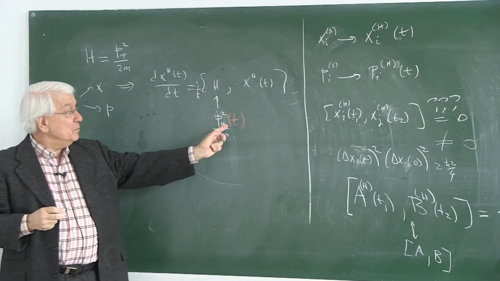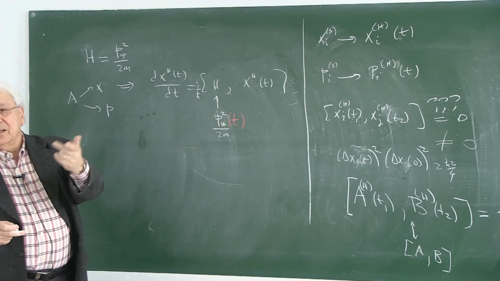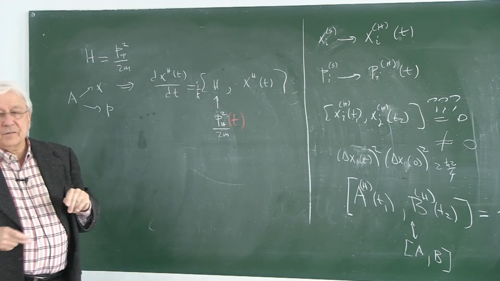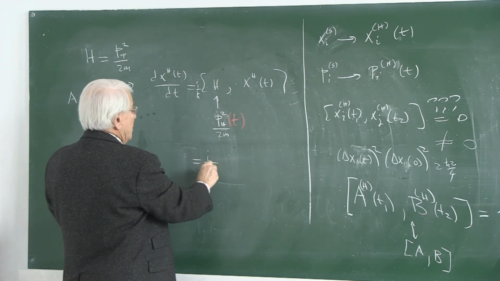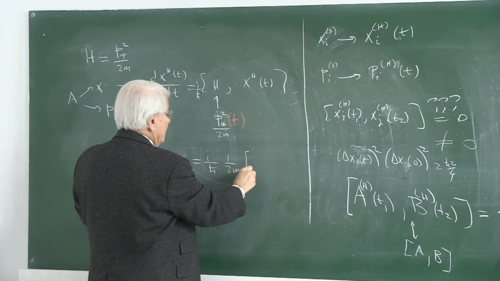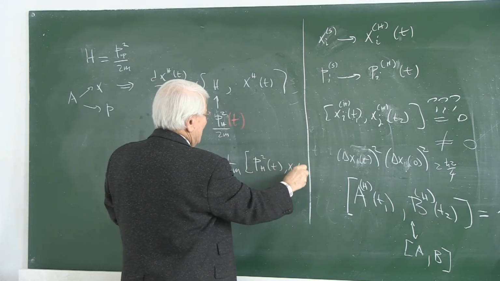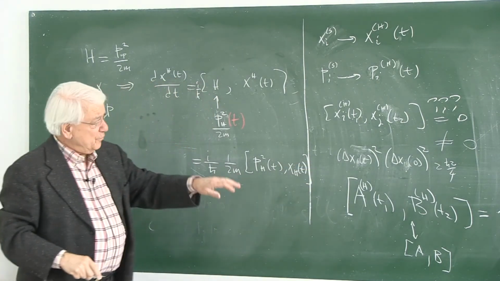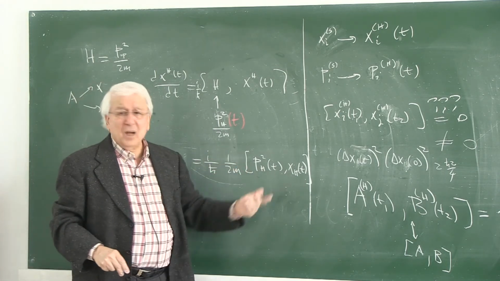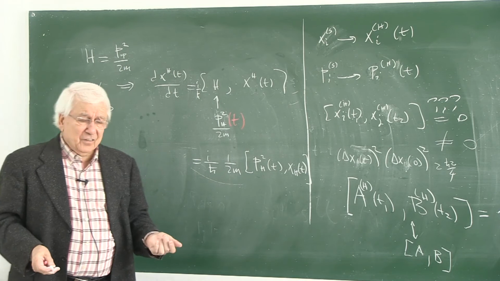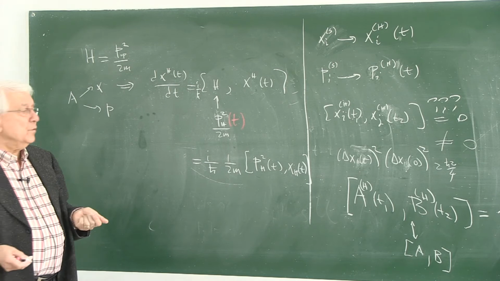I assign the time t, which I could have assigned to any time, but the only time which is worthwhile is this time. Then the right-hand side becomes i over ħ, 1 over 2m, [p_H squared(t), x_H(t)]. You see, I'm freely moving the H label up and down. I could even drop it, because they are time dependent, so that must be in the Heisenberg picture. It is a cumbersome notation. Sometimes you have to bear with this notation, not to get confused.